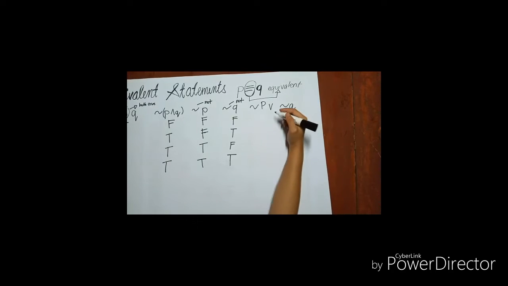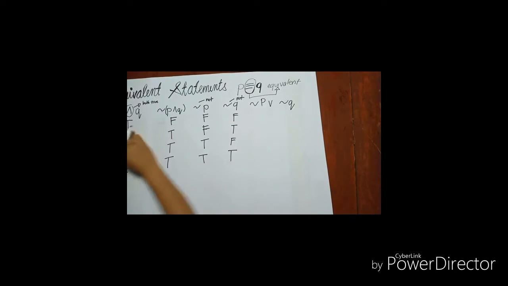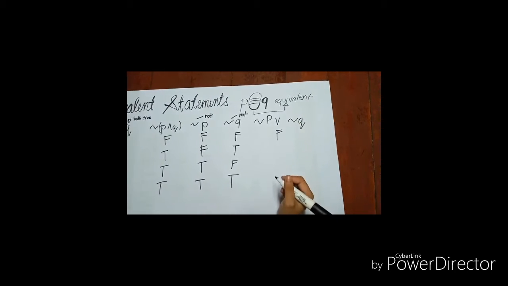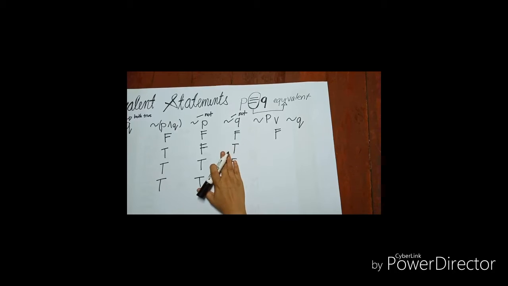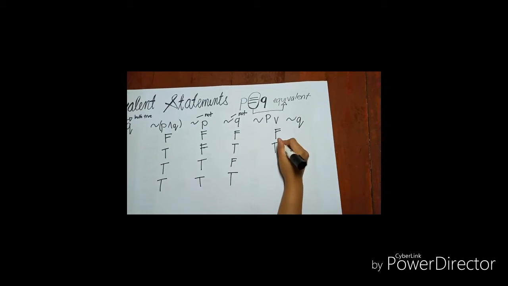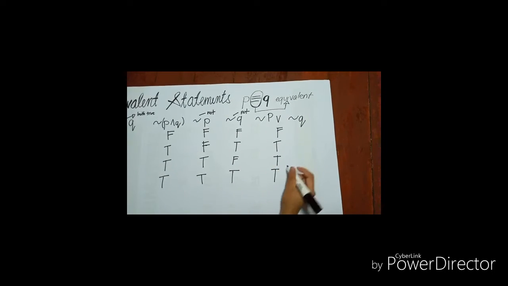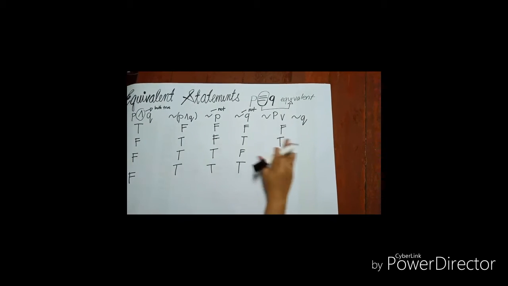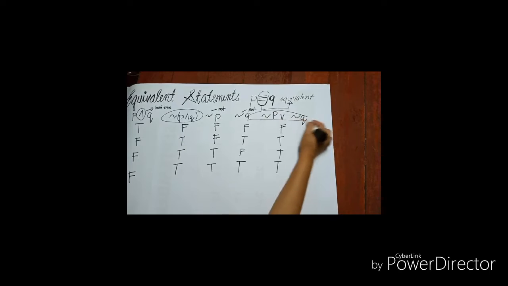At our last column, we consider not P and not Q. As the opposite of this one, it will give us false. And if we have false and true, we consider it to be true. So true and true, both true, will give us true. Finding the equivalence in the truth table, we notice that this column and this column have the same values.